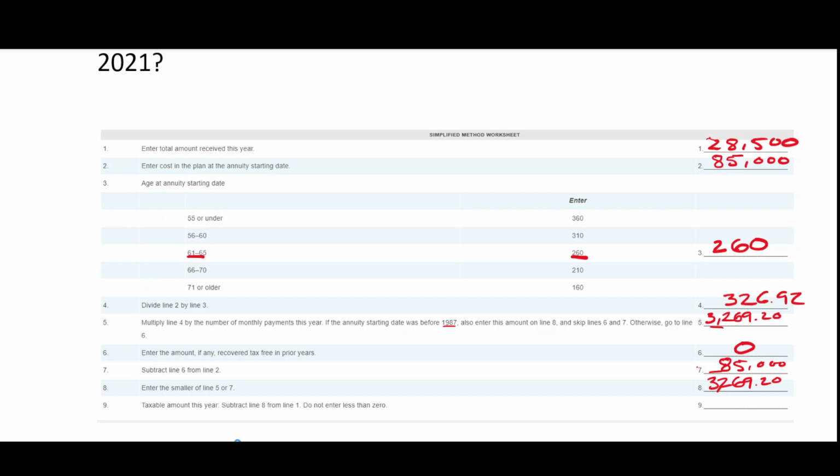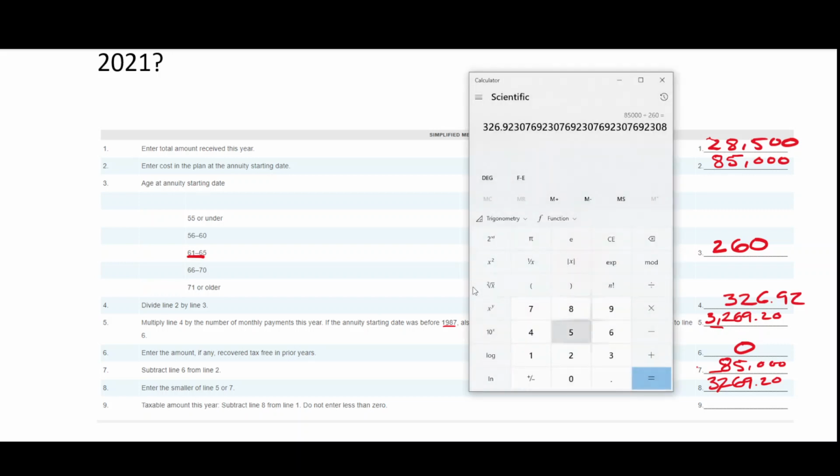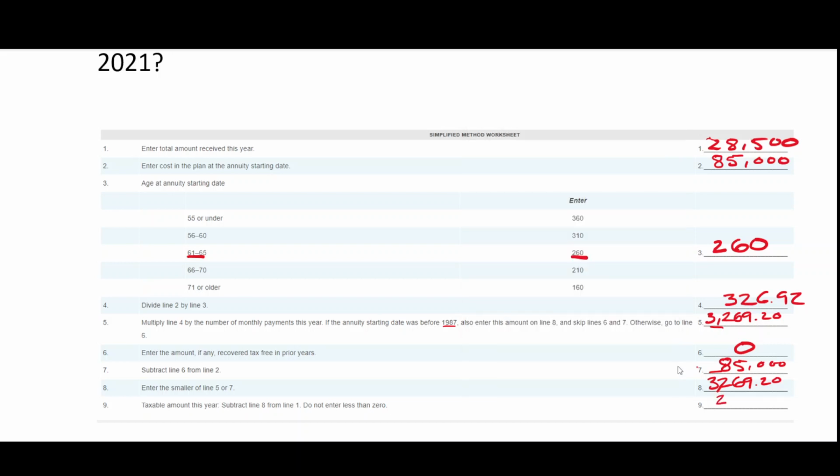So we take $28,500, we subtract $3,269.20, and that gives us $25,230.80. So this right here is the amount that Tom will pay taxes on using the simplified method.